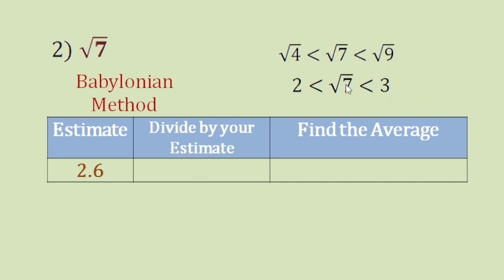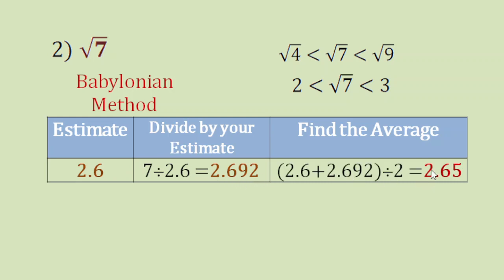Now, 7 divided by 2.6, that gives us 2.692. And then find the average. 2.6 plus 2.692 divided by 2, the answer is 2.65. Now, our estimate is very close to our average here. So therefore, we accept 2.65 as our estimate.